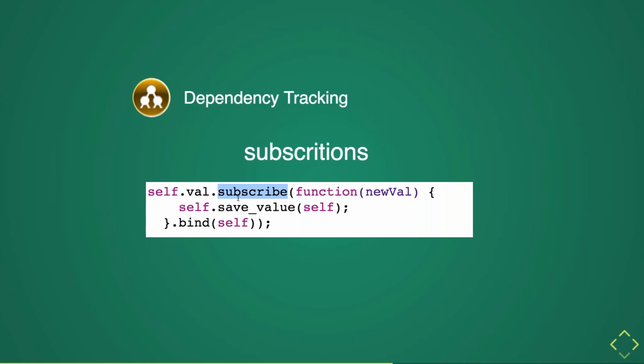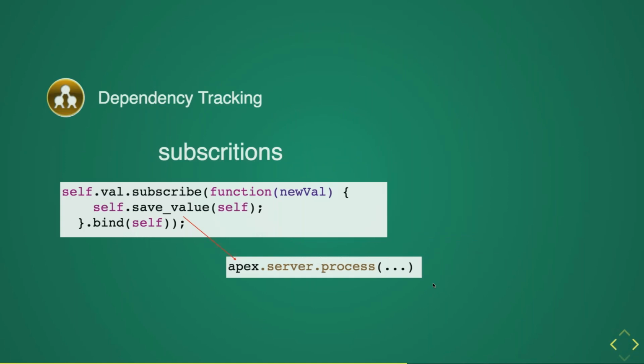You can do all sorts of things, but in this case, I'm saying whenever value changes, I'm going to call a function called save value. Save value could be a function that calls an Apex server process. And it could do an AJAX call to send our values over to the database, or validate them, or do whatever we need. So subscriptions can be very interesting here.